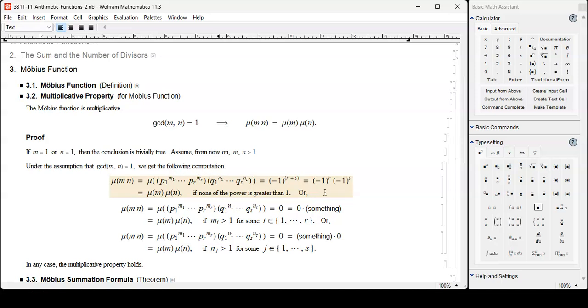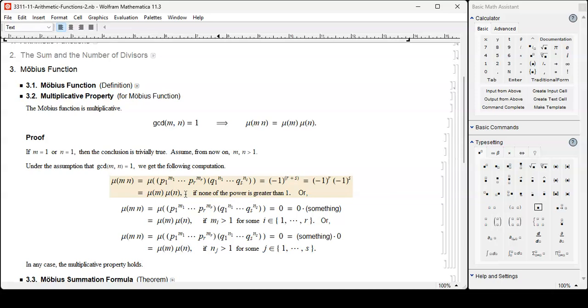Oh, by the way, m and n are relatively prime, so prime factorization of m and prime factorization of n do not mix. They do not share any prime factors, so p part for m and q part for n are completely separate. And then if the powers are all 1, then you're going to get -1 to the r plus s power, which is equal to -1 to the r power times -1 to the s power by the exponent law. Consequently, we get mu of m times mu of n.